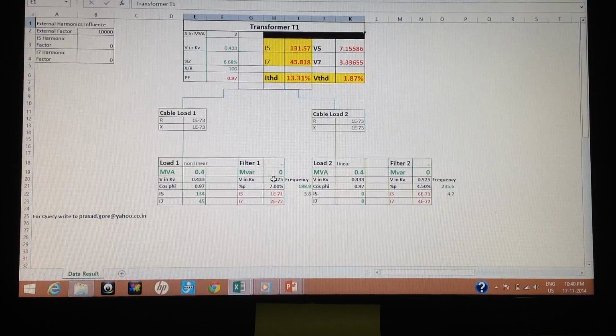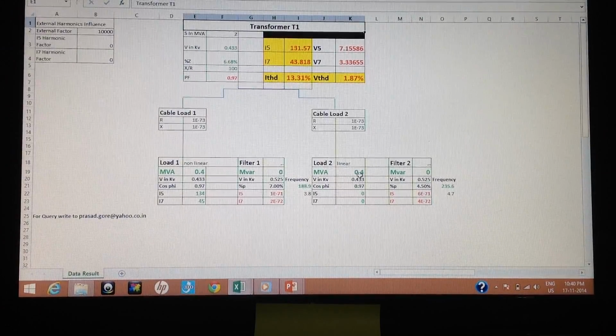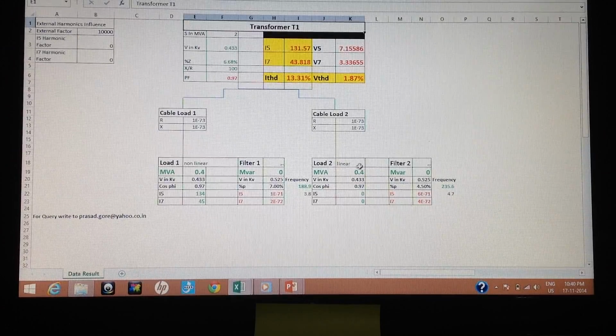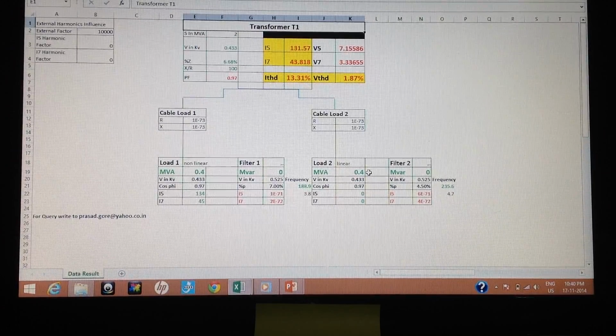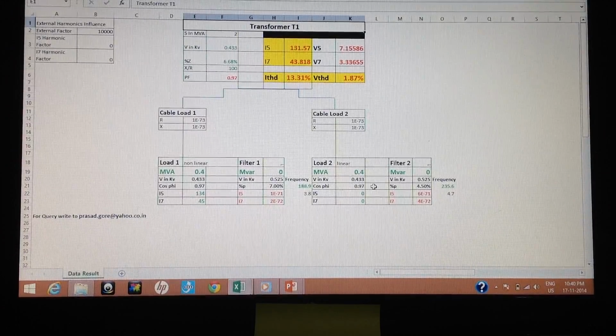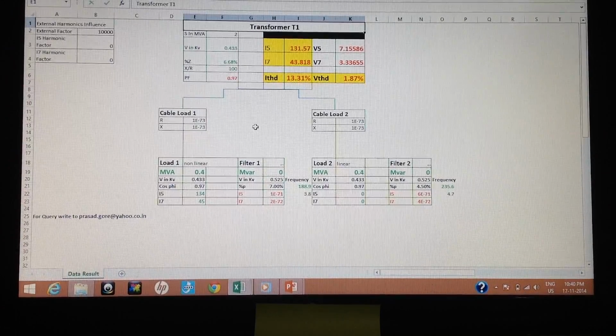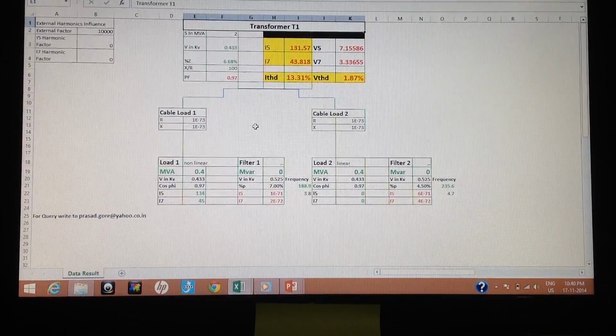Load center 2 is linear, having no harmonic content. The connected or running load is 0.4 MVA at a power factor of 0.97. Because of these two loads, the kVAr requirement comes to around 0.186.